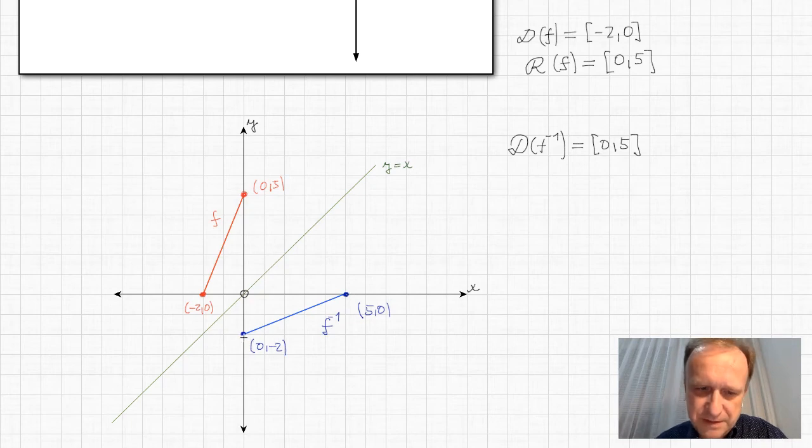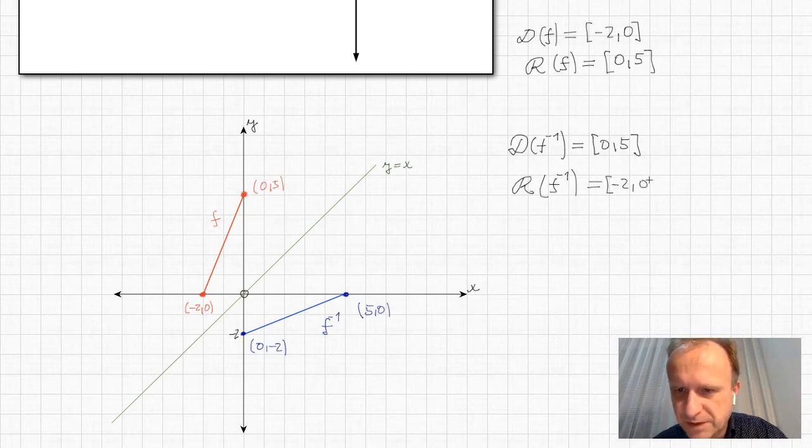Moreover, we see that the range of this function, which is represented by all the y values that appear on its graph, is the range of the inverse of f, and it should be the interval starting here. This point here is -2, and this should be its endpoint. It's 0, so it's from -2 to 0.